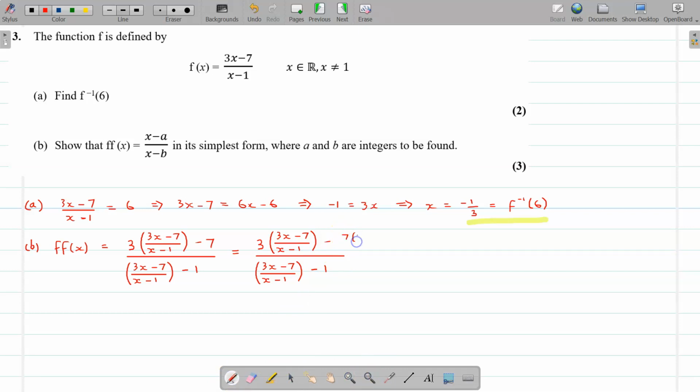So I've just put a common denominator of x minus 1 within that numerator. And then this one, I'm going to do the same sort of thing to that. So that one's going to be replaced by (x minus 1) over (x minus 1) as well, you see?